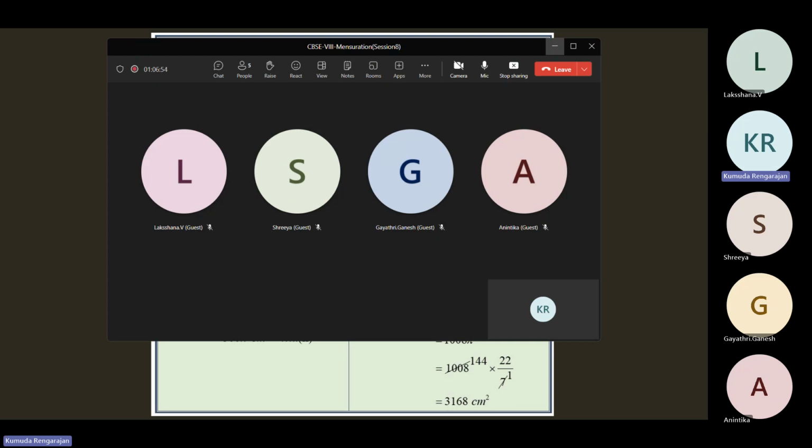Anantika, Gayatri, Shreya, and Lakshana. What's the status? No hurry, but just update on your status. Lakshana? I'm in the last test. Okay. Shreya? I'm in the third one, ma'am. Gayatri? Here's the third one, ma'am.